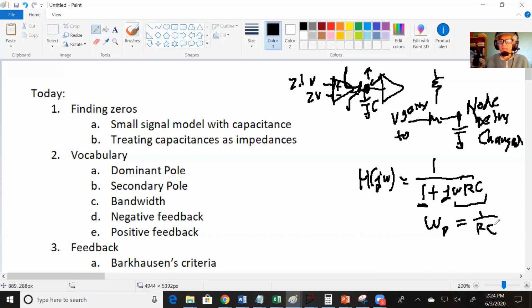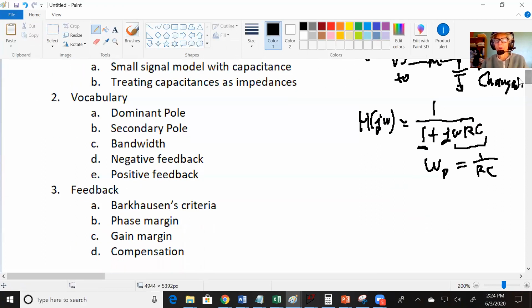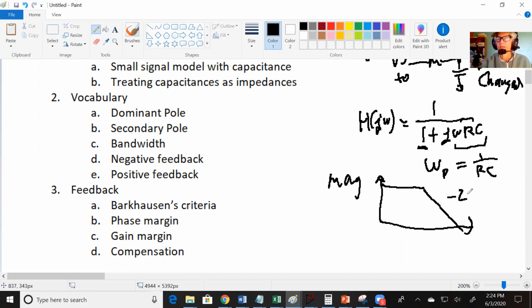Okay, and drawing that on a Bode plot, we talked about a pole. On the magnitude plot, it starts your gain dropping, and magnitude again is 20 log of gain. I'll put absolute values around the gain, 20 log of gain, and as soon as you hit that 1 over RC, your 20 log of gain starts to drop at 20 dB per decade.